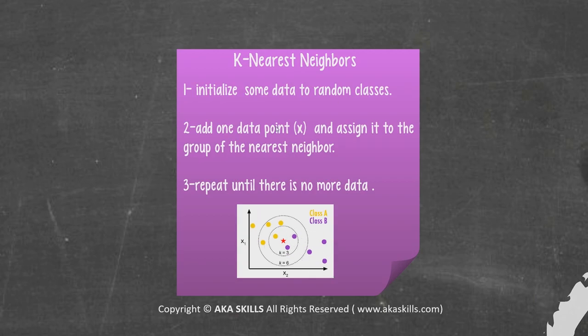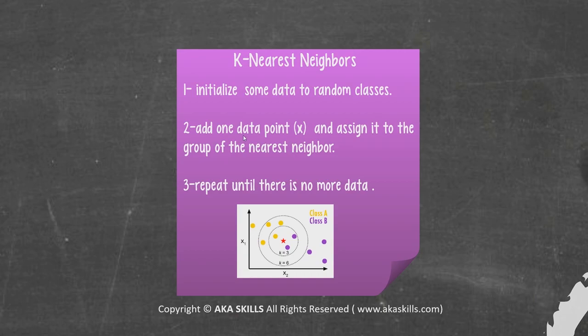We're going to see the example here. So first, initialize some data, the magenta data and the yellow data, to their own classes, the classes we know before, or random classes, but mostly people use it with their own, known-before classes.